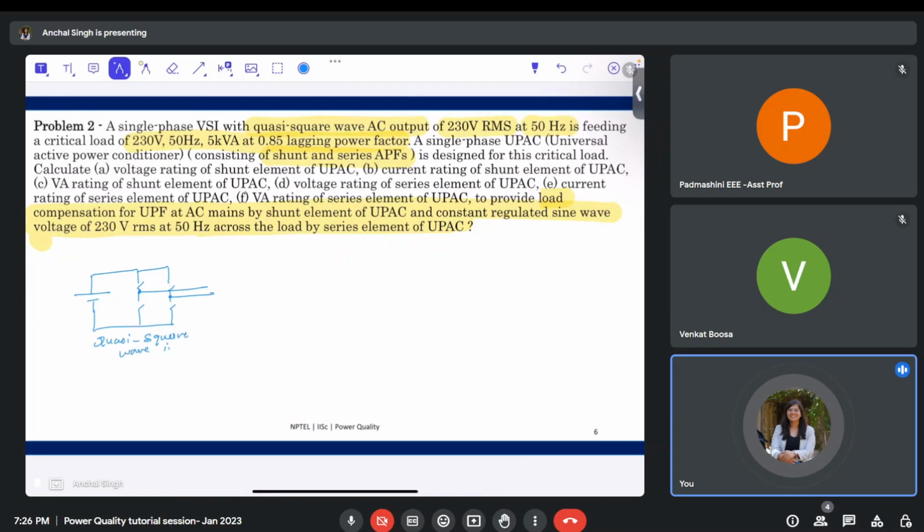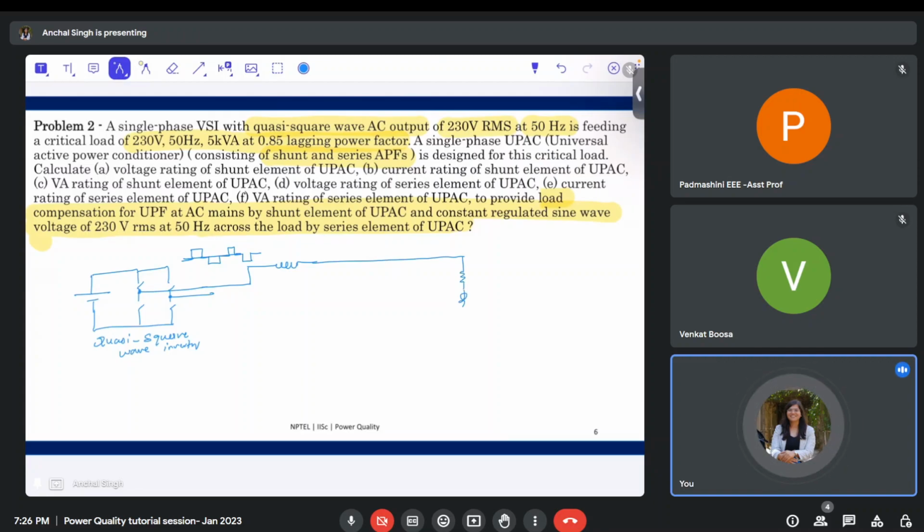Why is it called a quasi square wave inverter? Because it is generating an output voltage which is in the shape of a quasi square wave. Therefore, it is called a quasi square wave inverter. Okay. Again, there will be a series injection transformer. Then there will be a load.